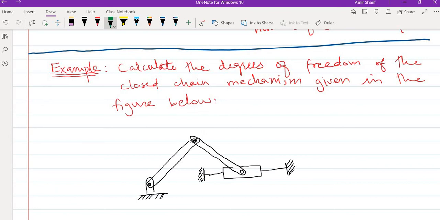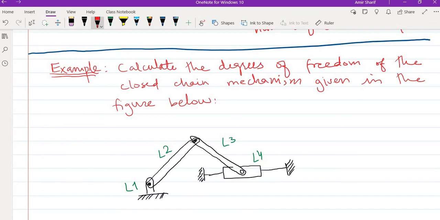So we can call this a closed loop mechanism, and this is our link 1, and then link 2, link 3, and finally we have link 4 here.